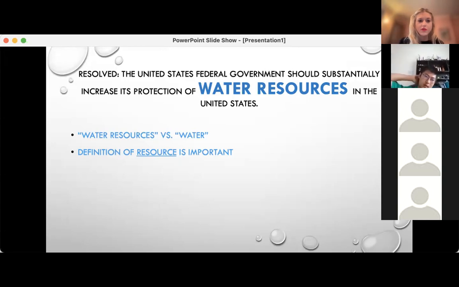So the definition of resource is important, not just for reading topicality and defending against it, but for having an understanding and that predictive power of knowing what the affirmatives on this topic are going to be about.